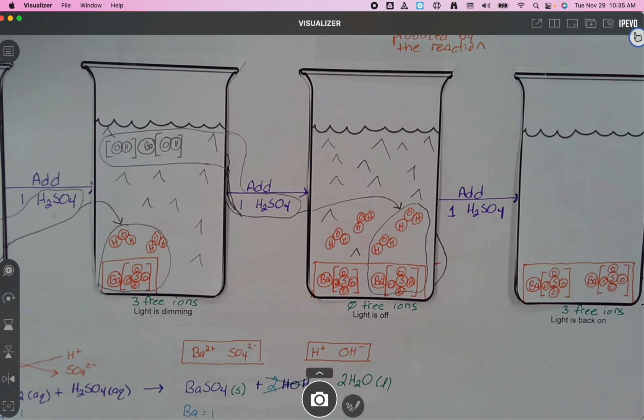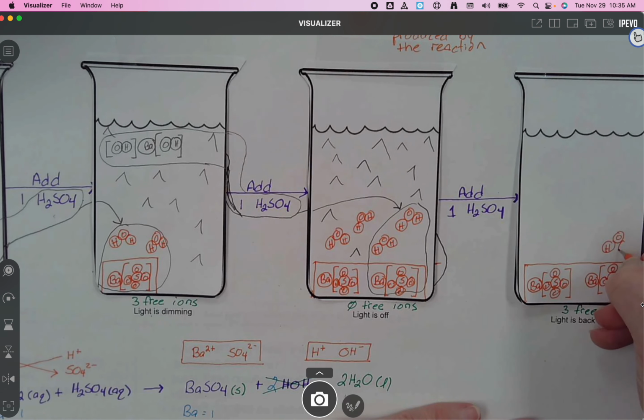There's the ones I already had for those. Here's my 4 water molecules.